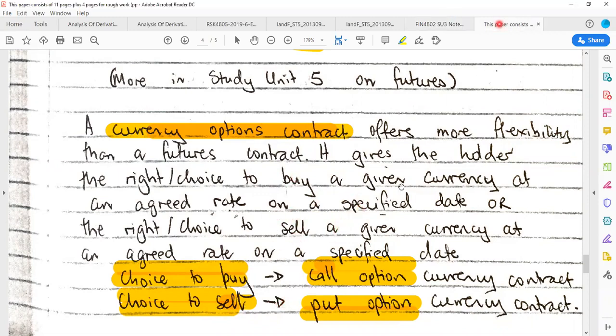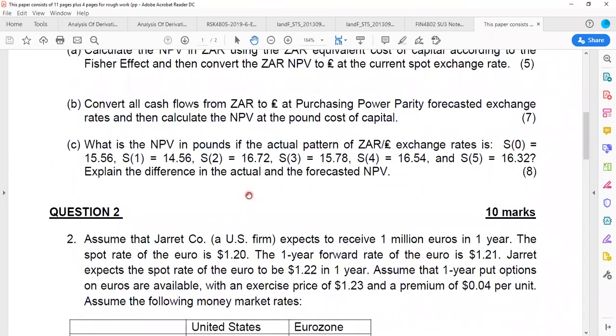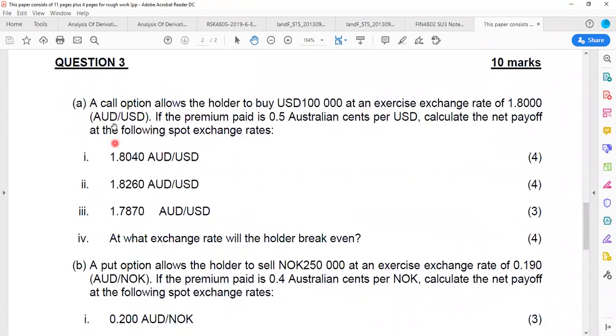These come up a lot in the assignment. Question 3, when we get to it, actually involves these options that we're talking about. A call option allows the holder to buy 100,000 US dollars at an exchange rate of 1.80, meaning each US dollar is costing you 1.80 in Australian dollars.